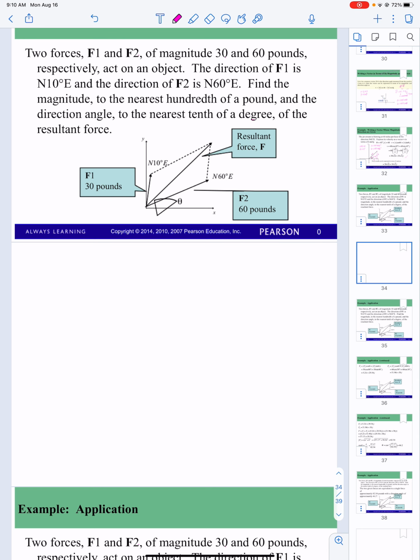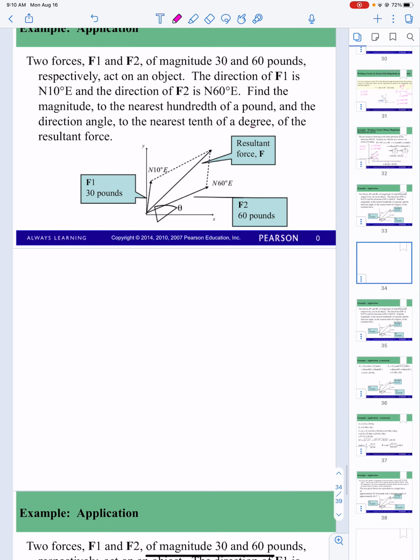So we use the picture here. This is F1, this is F2. And what do we want? We want the resultant one. Resultant means F1 vector plus F2 vector.